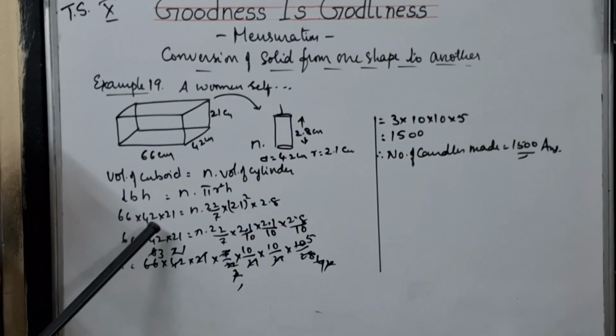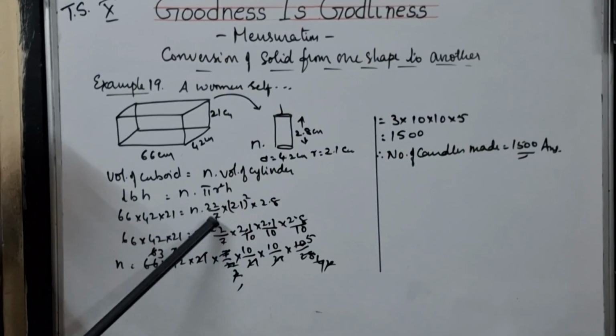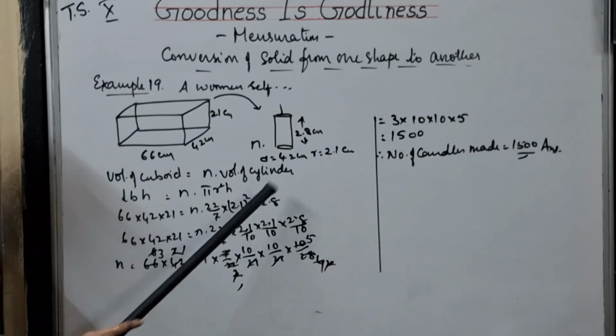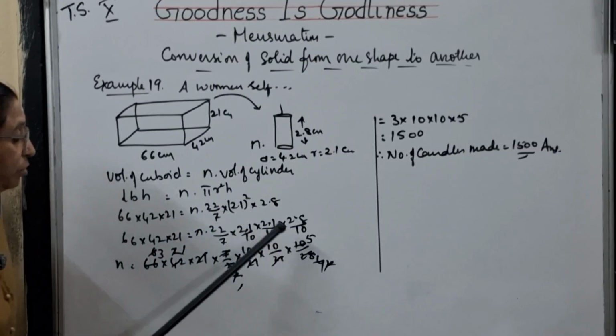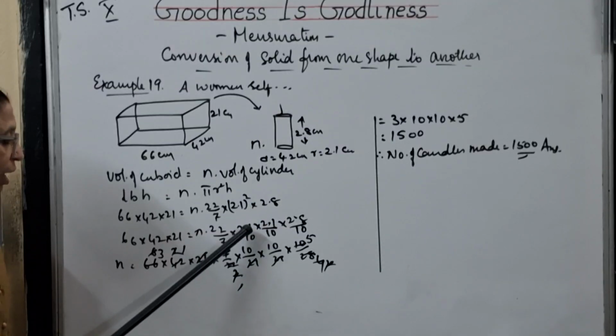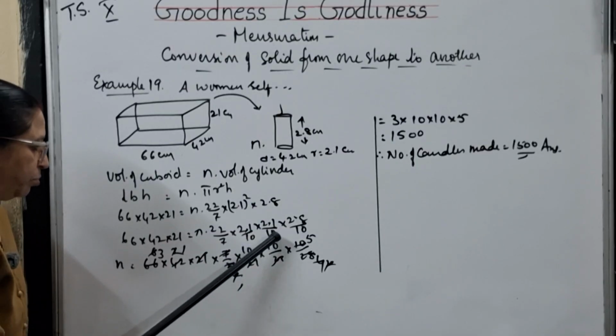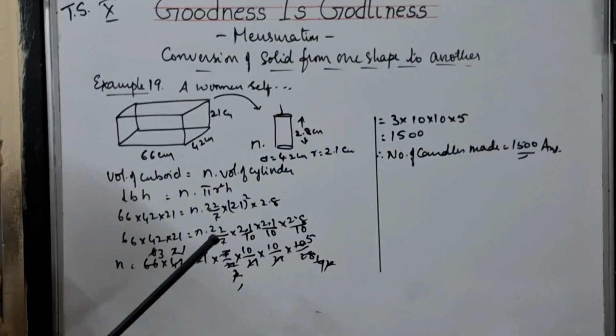So length, breadth, height is equal to n into 22 by 7 into radius 2.1 whole square into 2.8. So 66 into 42 into 21 is equal to n into 22 by 7 into 2.1 into 2.1 into 2.8. I made it as 21 by 10, because there is one digit after the decimal.